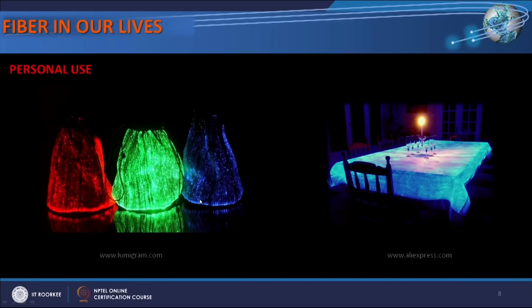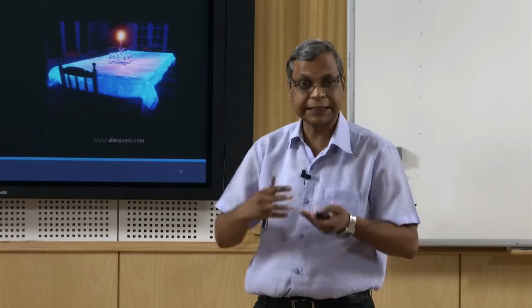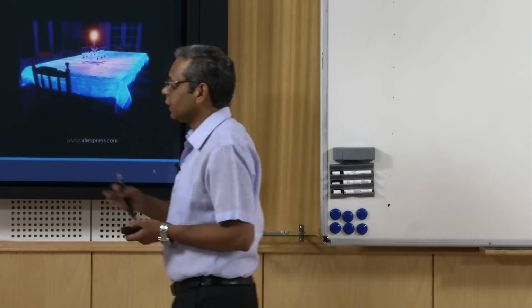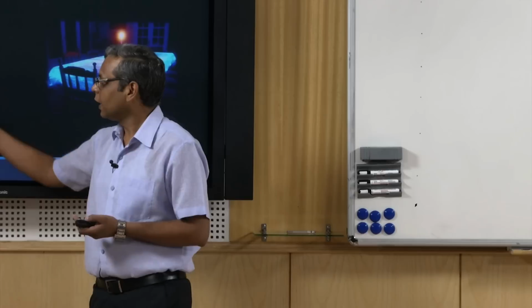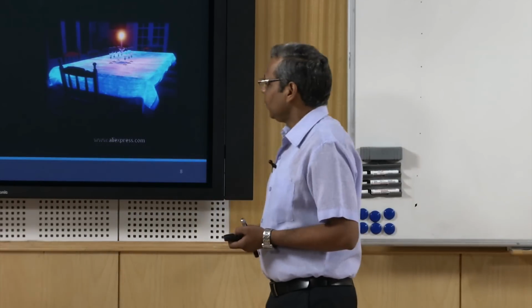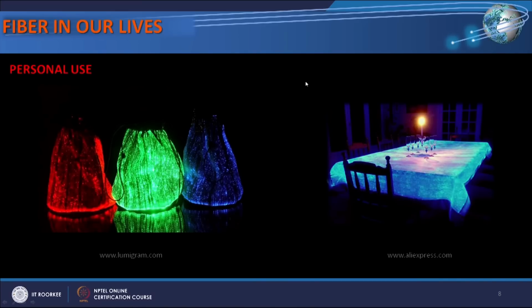You can basically weave in the optical fiber which is side emitting and then illuminate it using different colors. So you have color changing fabric. You can dine on light if you use this kind of fabric.